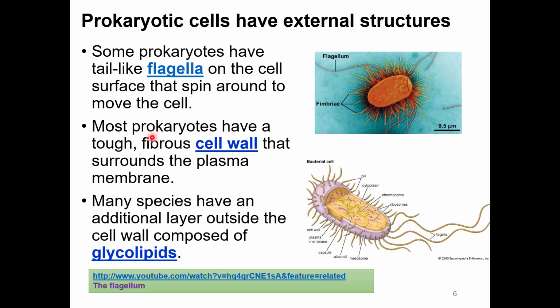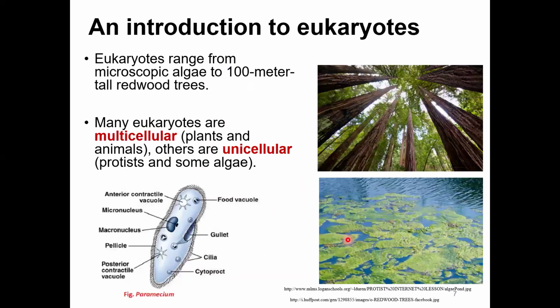And then most prokaryotes have a cell wall that surrounds the plasma membrane. And then there's another layer outside the cell wall that is basically made of glycolipids.